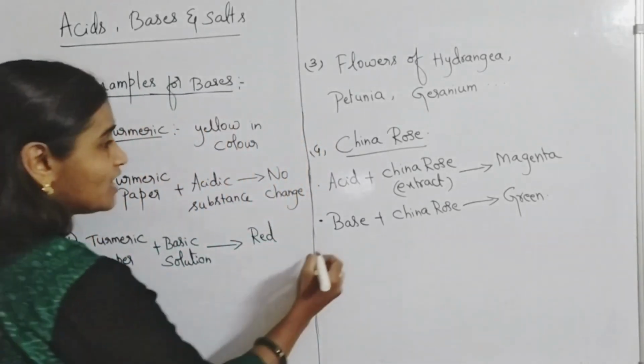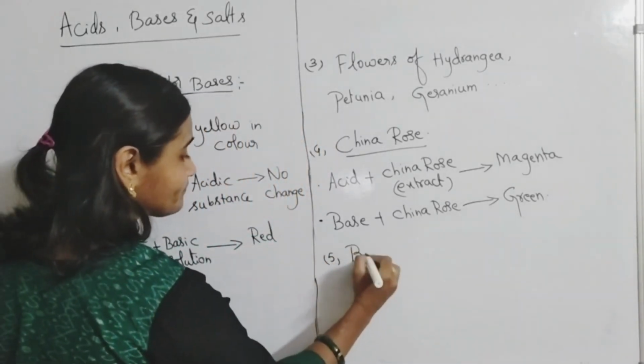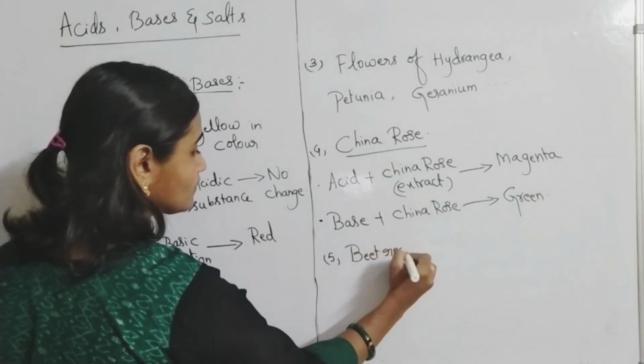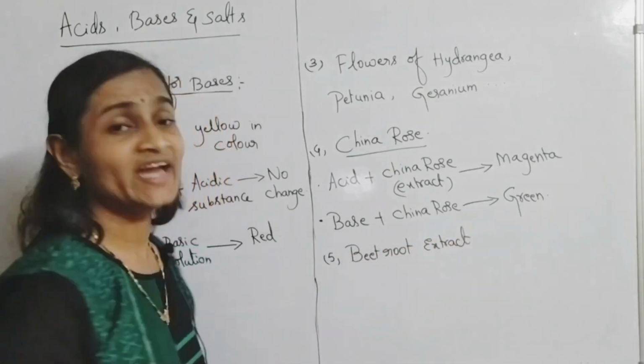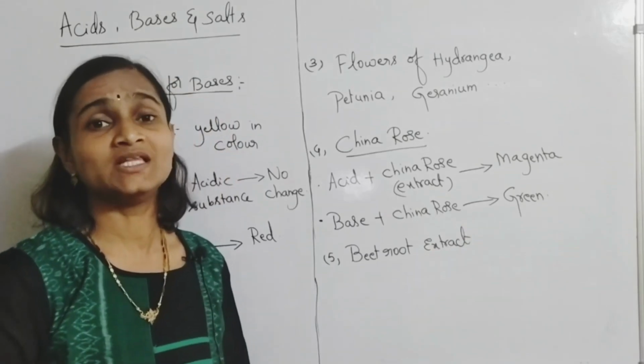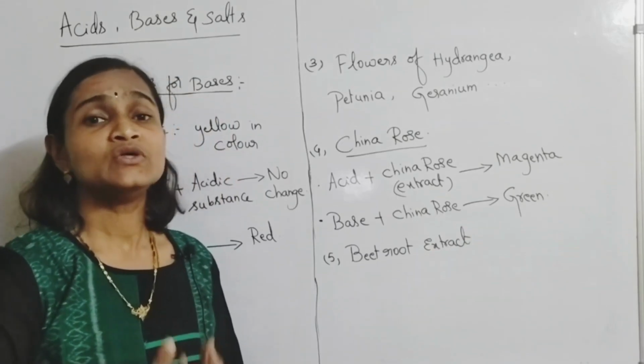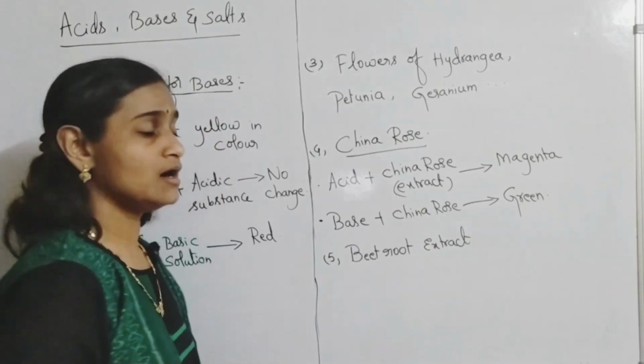Next you have beetroot extract. With beetroot extract, you will have wide varieties of color changes based on the strength of the acids, and different colorations can be observed.